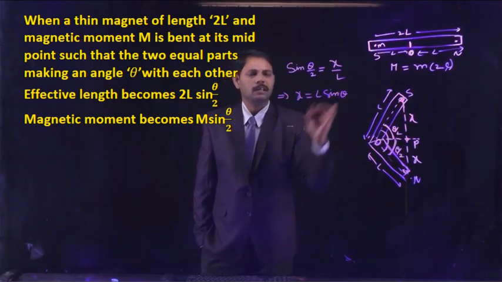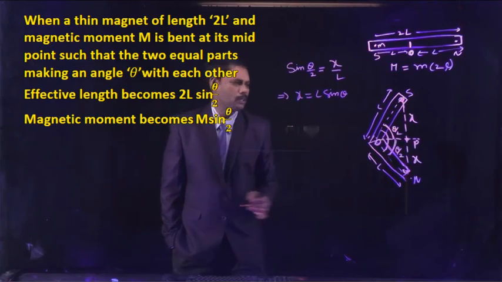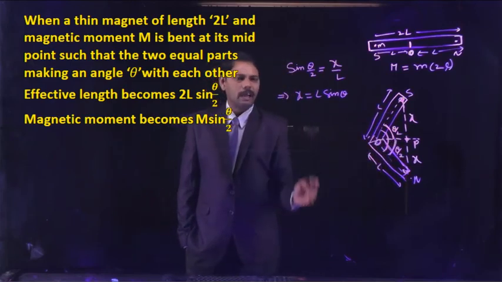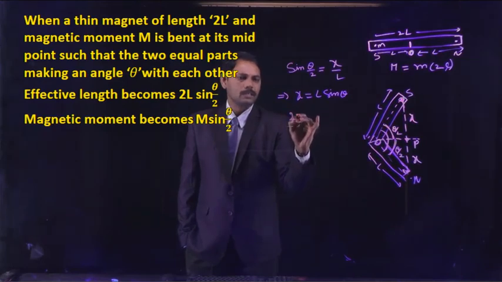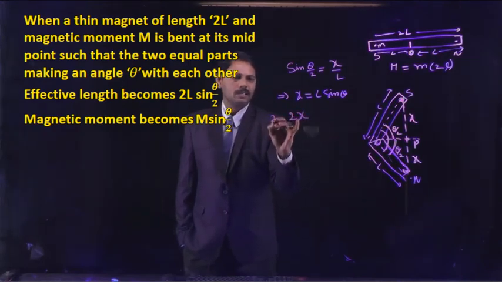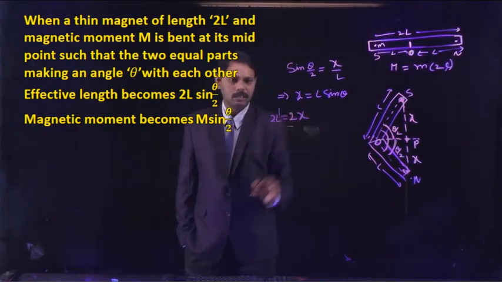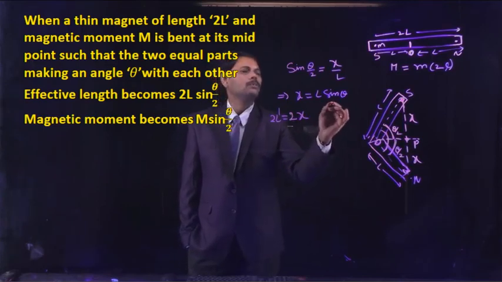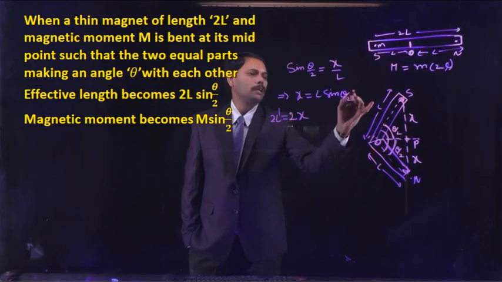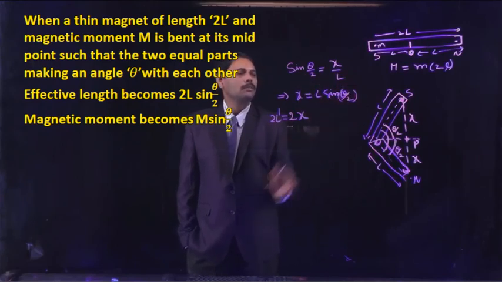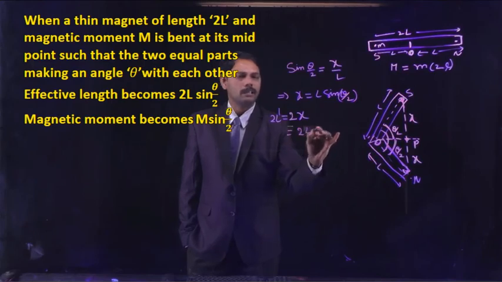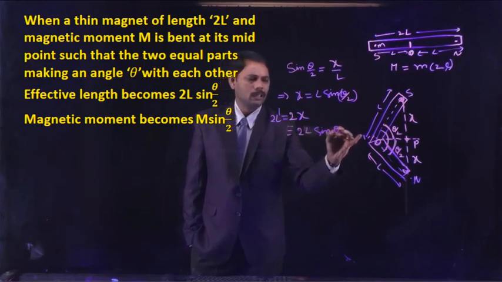Then the new length of magnet in the modified condition is 2x. 2L dash is the new length, let it be 2x. Since x is equal to L sine theta by 2, the new length is equal to 2L sine theta by 2.